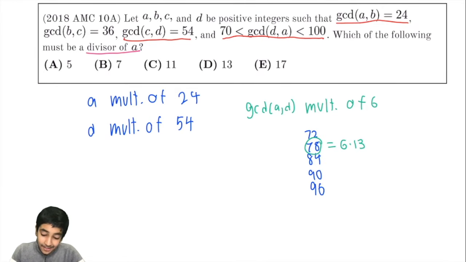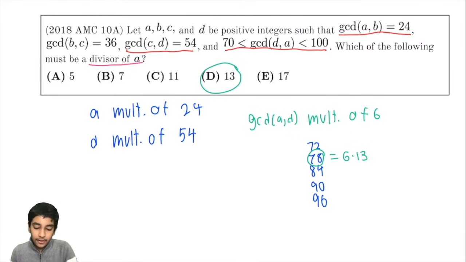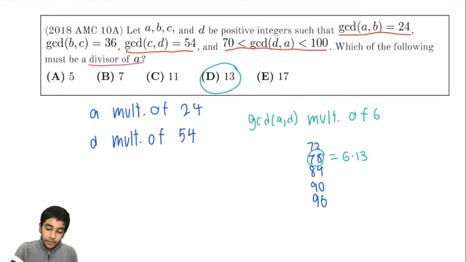So GCD of A and D will have to be a multiple of 13, because GCD of A and D is a multiple of 78. Since this is the only one of the option choices that matches any of these conditions, it's another clever application of the technique of how we can narrow in on the answer choices and see that 13 is the only one that's a factor of any of the possibilities for GCD of A and D.